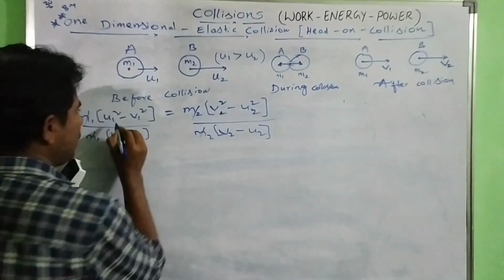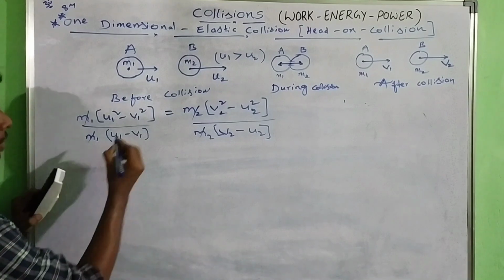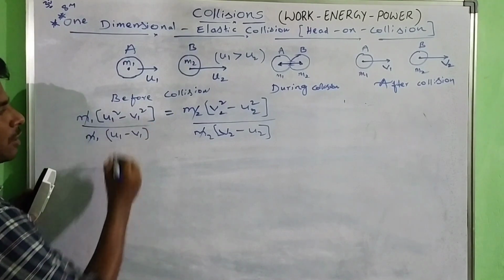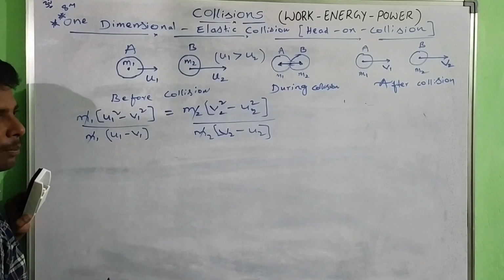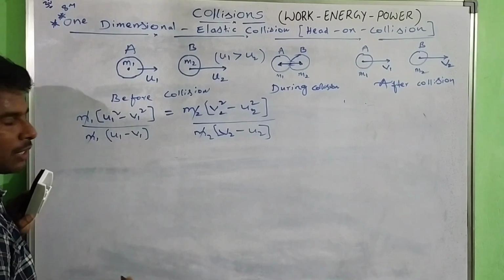Here the mathematical formula involved is a square minus b square: a plus b into a minus b is a square minus b square.